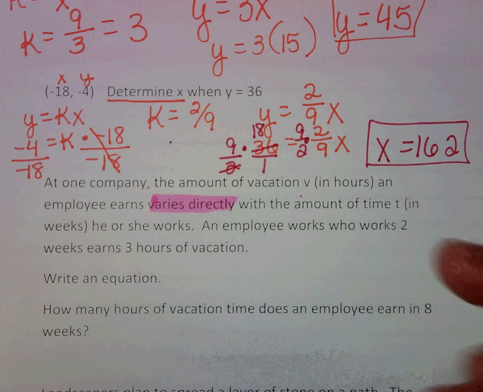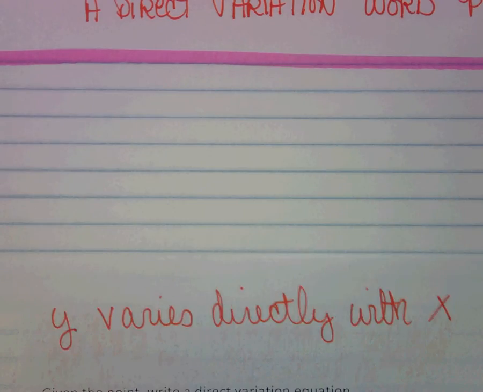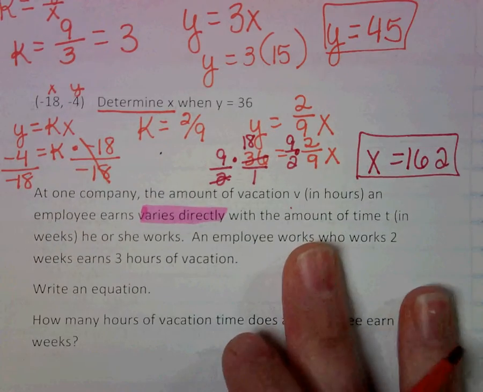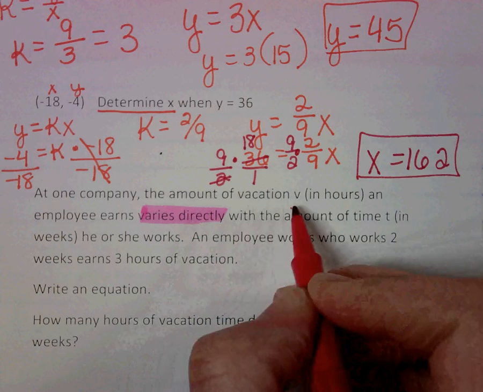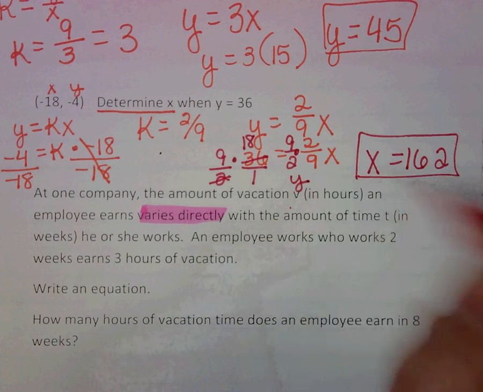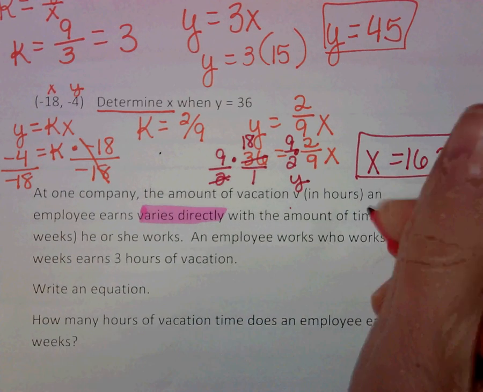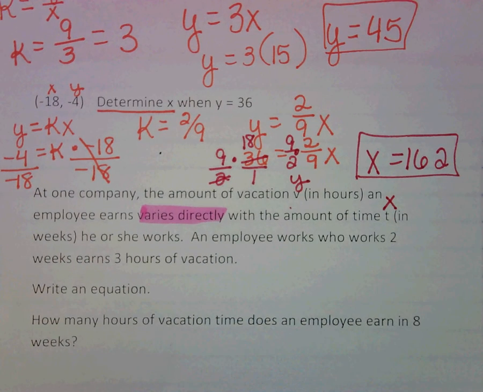And remember, I told you at the beginning of the notes, y varies directly with x. So when I read this statement and it says the amount of vacation V, y, varies directly with the amount of time t, that's my x and y. That's really important. That really helps me when I've got different variables.